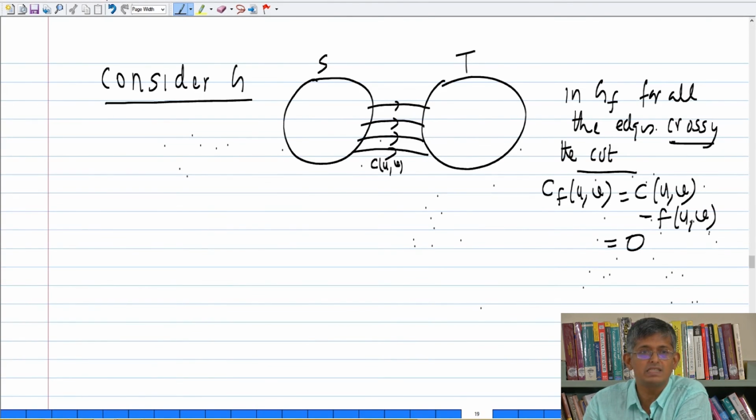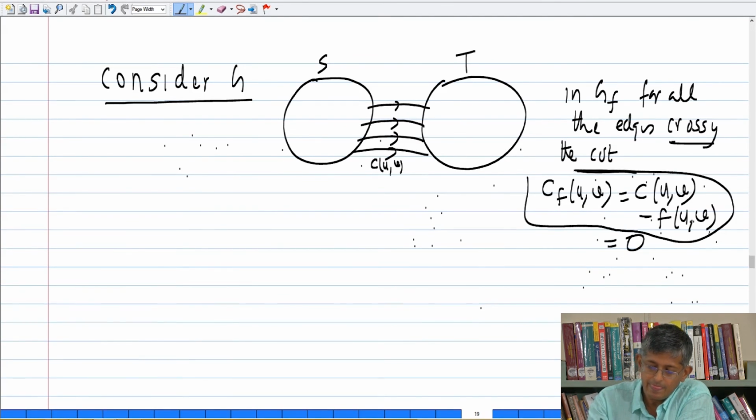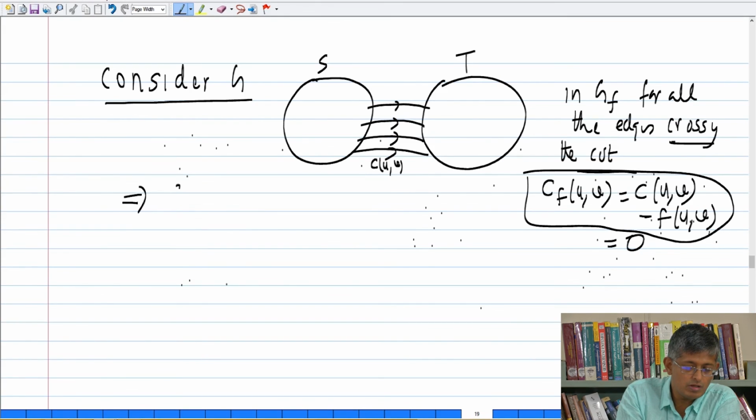What is the formula for residual capacity for an edge which is present in the network? It is this formula, and that's equal to 0, which implies in your flow f of u comma v is equal to c of u comma v.